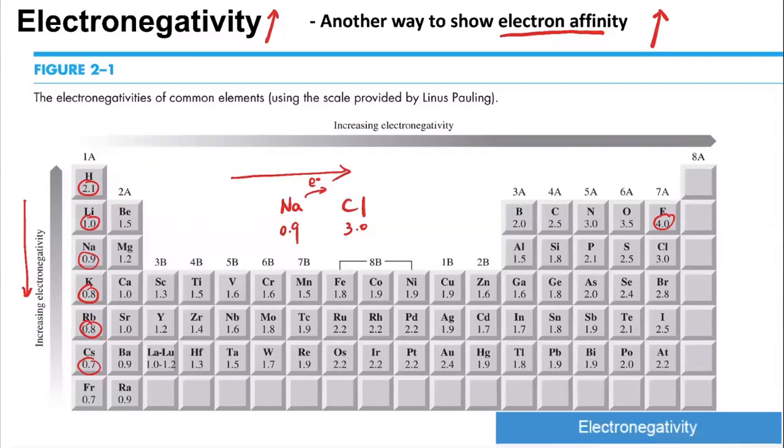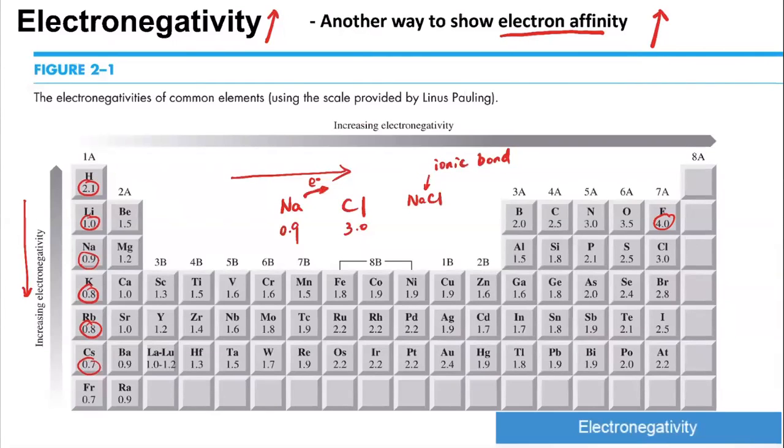And then a deal is made, right? Sodium wants to give out, chlorine wants to take. So this will transfer the electron from the sodium to the chlorine. And what we say is that in sodium chloride, they build an ionic bond.